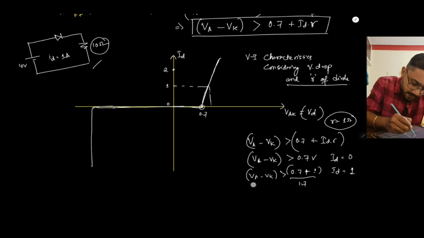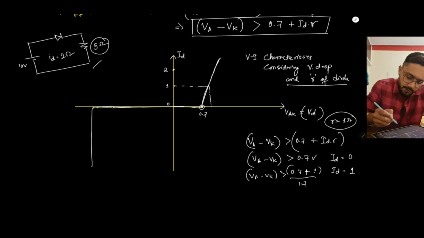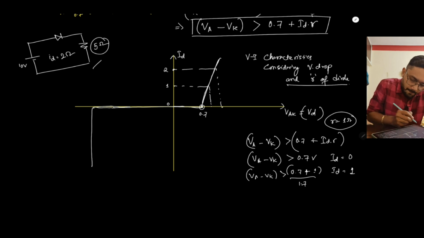Suppose now Id is equal to 2. How can Id be equal to 2? Suppose if I consider a resistance of 5 ohms, then Id will be 2. And when Id will be 2, what will be Va minus Vk? It will be greater than 0.7 plus 2 into 1, that is 2.7 volts.